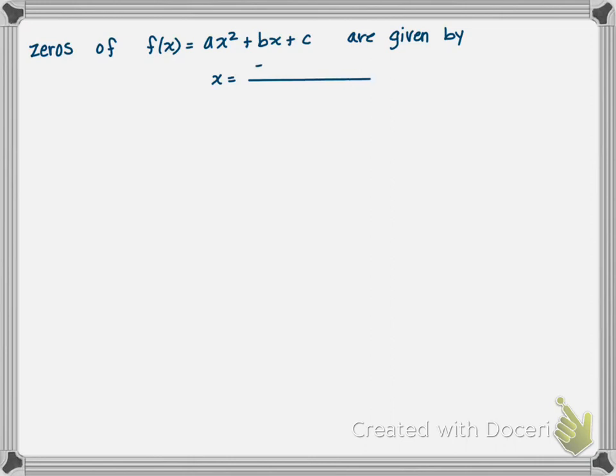We know that the zeros of f of x equals ax squared plus bx plus c are given by the quadratic formula, which is x equals negative b plus or minus the square root of b squared minus 4ac all over 2a.